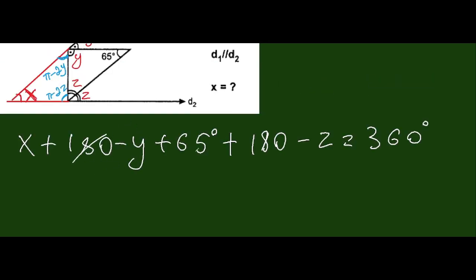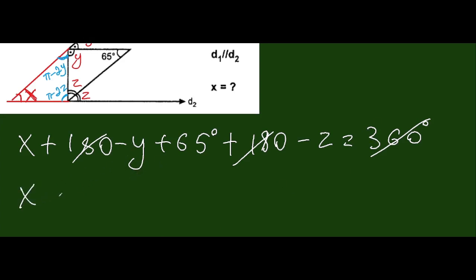So these and these will cancel, because the sum of 180s is equal to 360.